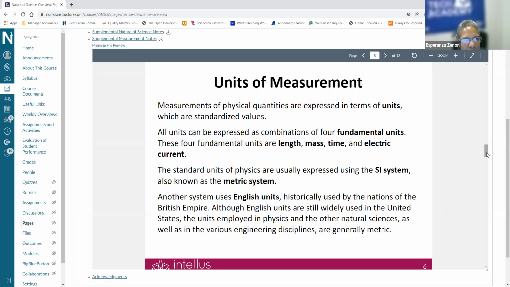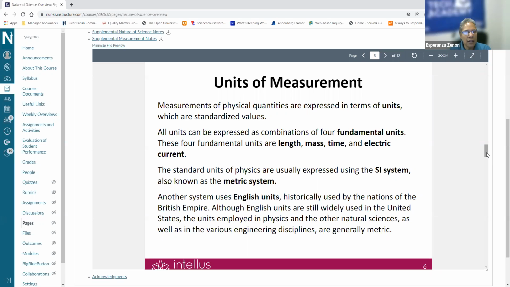In physical science, there are 4 fundamental units that we rely on, and you're gonna have to make yourself a note on this one, because they say the fundamental properties are length, mass, time, and electric current. I agree, electric current is a fundamental property, but we don't deal with it in this class. Instead, we deal with the fundamental properties: length, mass, time, and temperature.